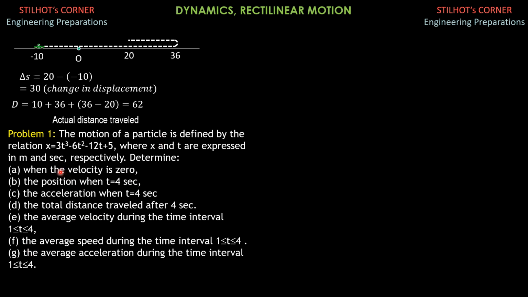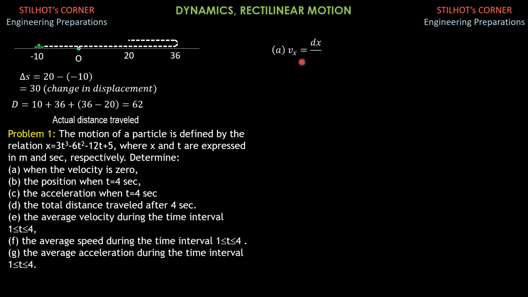First, for the velocity, the expression for velocity, in particular v sub x, is the derivative of x with respect to time. Remember, velocity is the derivative of position with respect to time, ds/dt in general, but in this problem dx/dt, and it is v sub x.